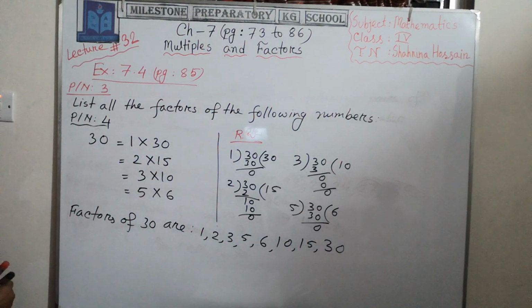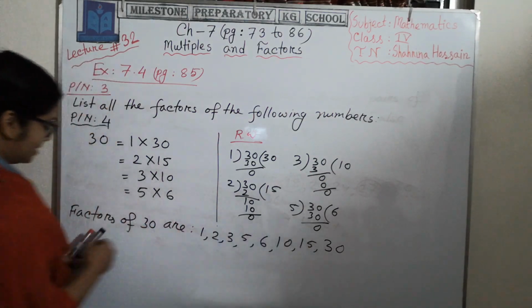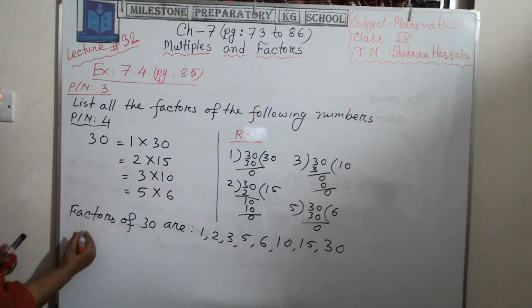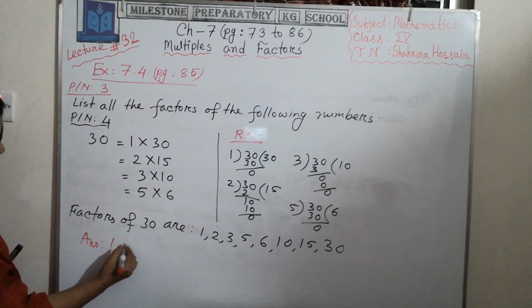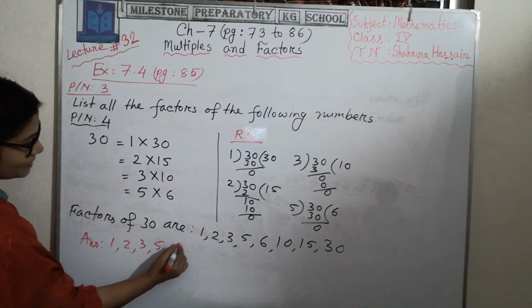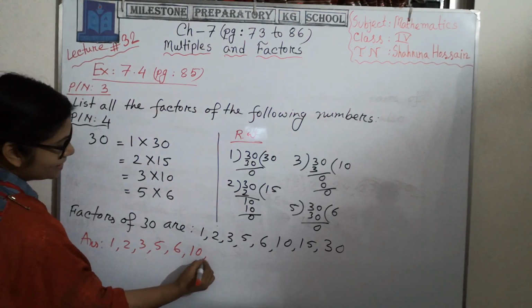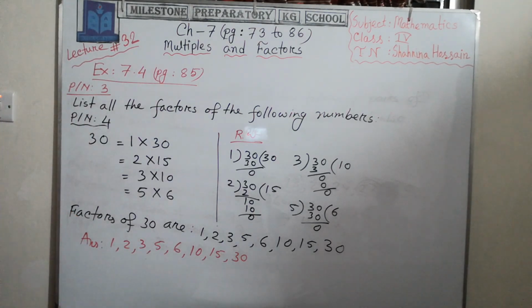How many factors did you get? 1, 2, 3, 4, 5, 6, 7, 8. Good. So my answer is, all are the factors of 30: 1, 2, 3, 5, 6, 10, 15, and at last 30.